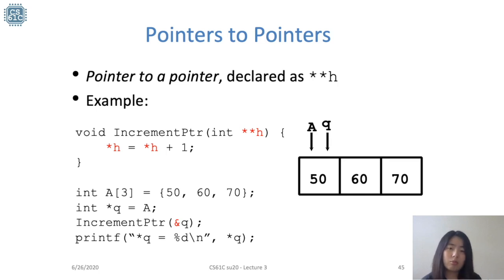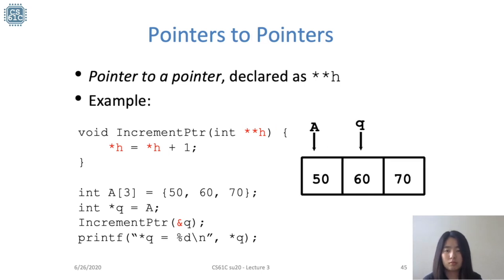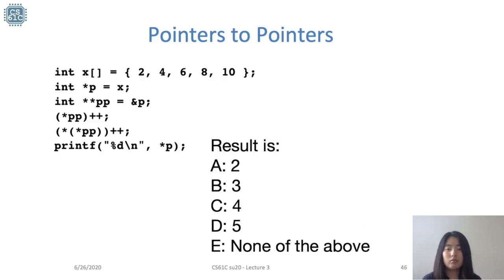Now H points to Q. By doing dereference H equal dereference H plus 1, we're directly modifying the value that Q contains, which will move Q from the first element of A to the next one. And in this case, dereference Q will be 60.